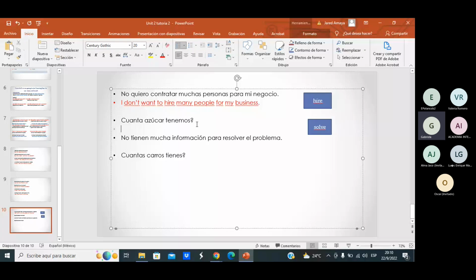Yes, I hear. Okay, go ahead. How much sugar we have? Solo le falta el auxiliar para la pregunta. Do we have? ¿Verdad? Y de ahí todo está bien. How much sugar do we have?